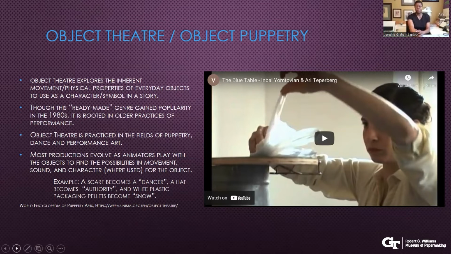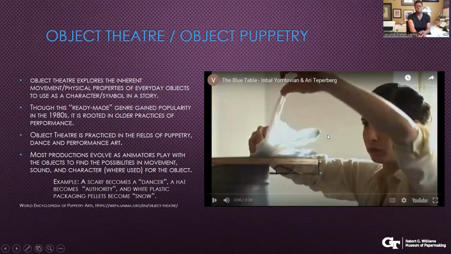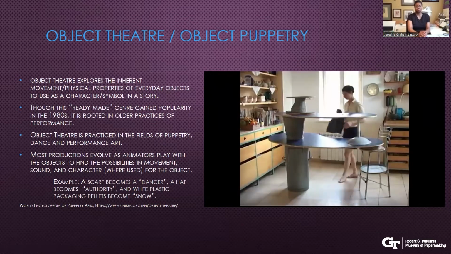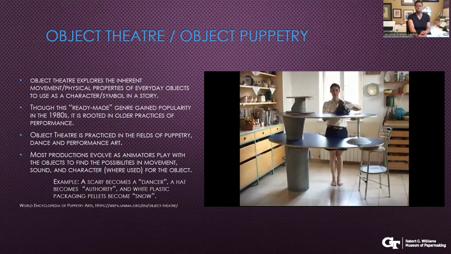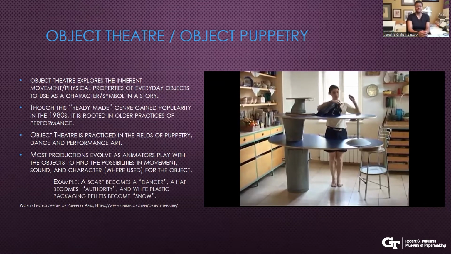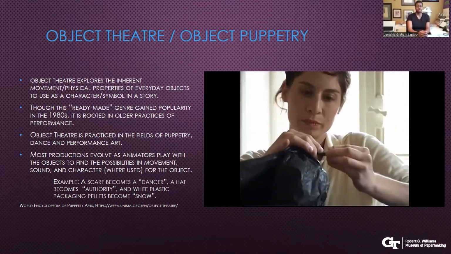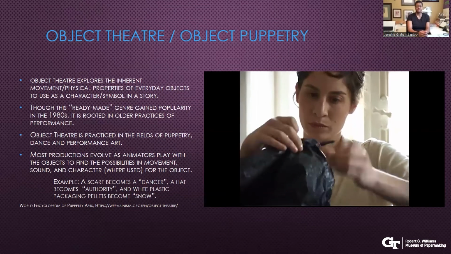So here I have an example of a performance by The Blue Table. You can see she's chosen to use an everyday plastic bag, and she's starting to create form for the object using a little rubber band.